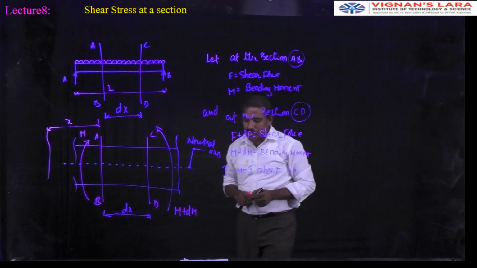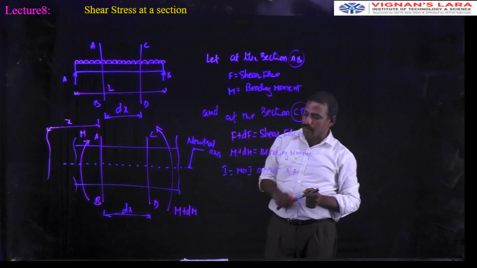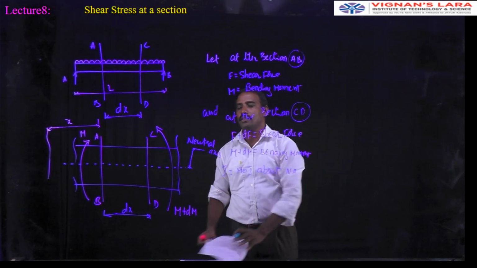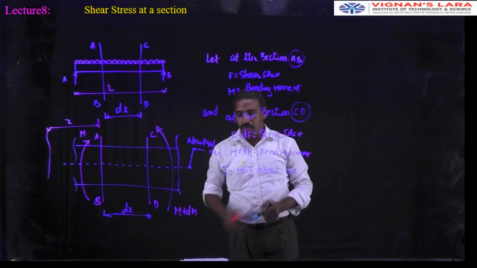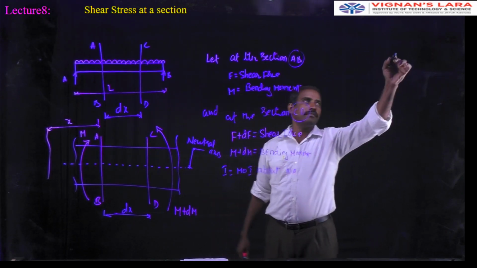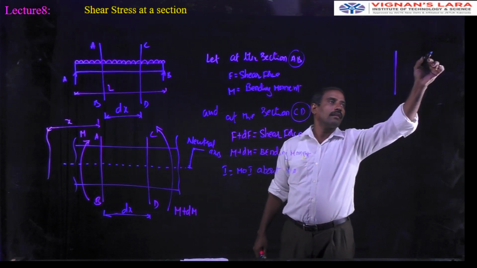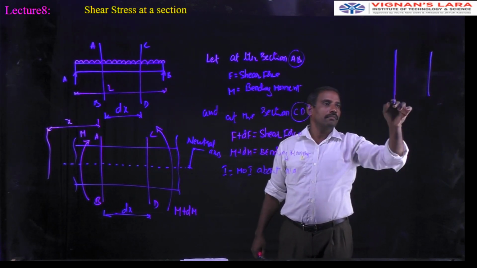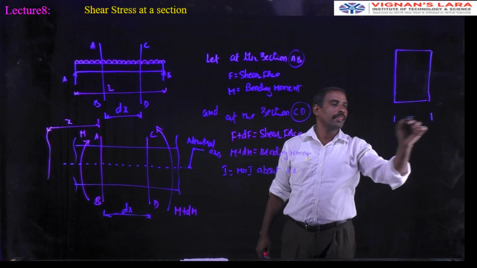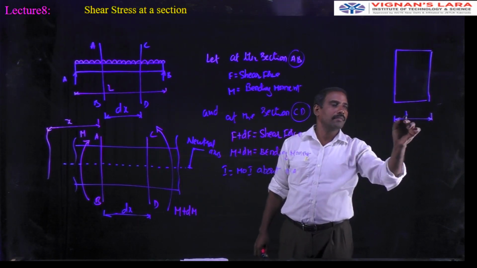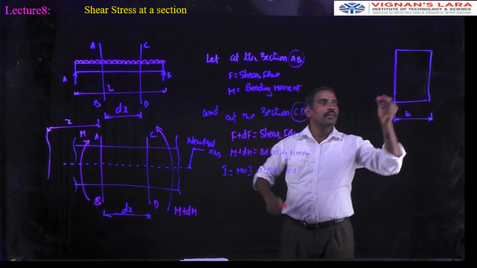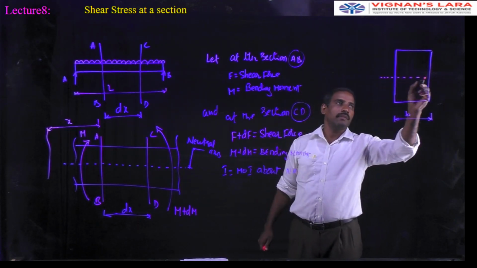So now consider an elementary strip at a distance y from the neutral axis. So we know the neutral axis. Simply let us consider a rectangular portion of base B. The neutral axis is represented by NA.